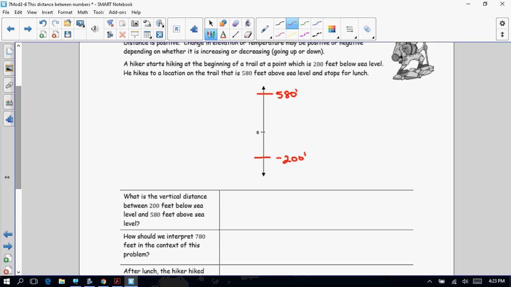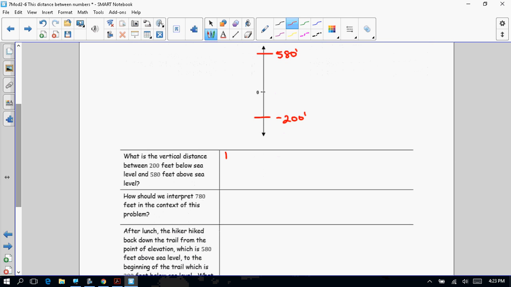So maybe you do want to use the number line. I don't know. I'm going to use my shortcut that I just had a minute ago, though. So the absolute value of negative 200, because he's below sea level, I'm going to find the difference of that, and it's 580 above sea level. Well, it's not a negative number because it's above sea level. So again, don't like to subtract.